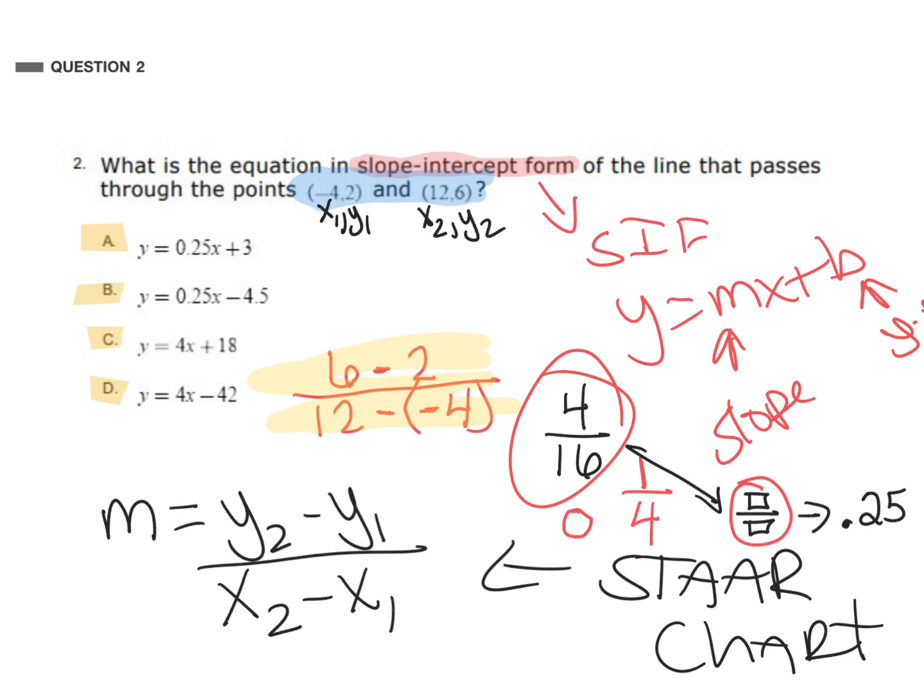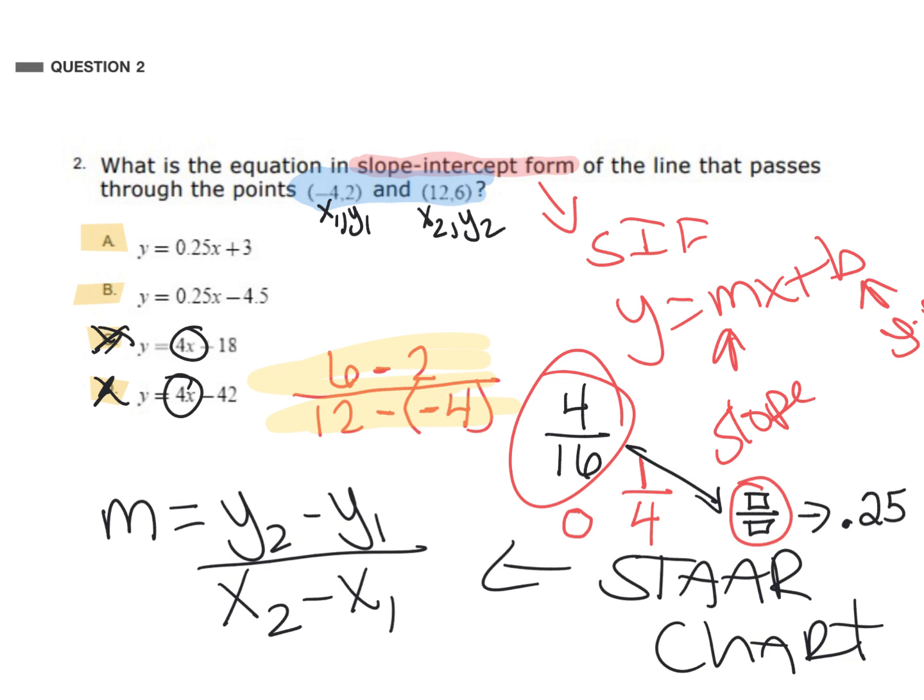So now I'm going to go back to look at my answer choices and see if I can eliminate. Well, I already know that C is not going to work because C has a slope of 4, so C is not it. D also has a slope of 4. D is not it. So I'm left with both A and B. They both have the same slope, just different y-intercepts.